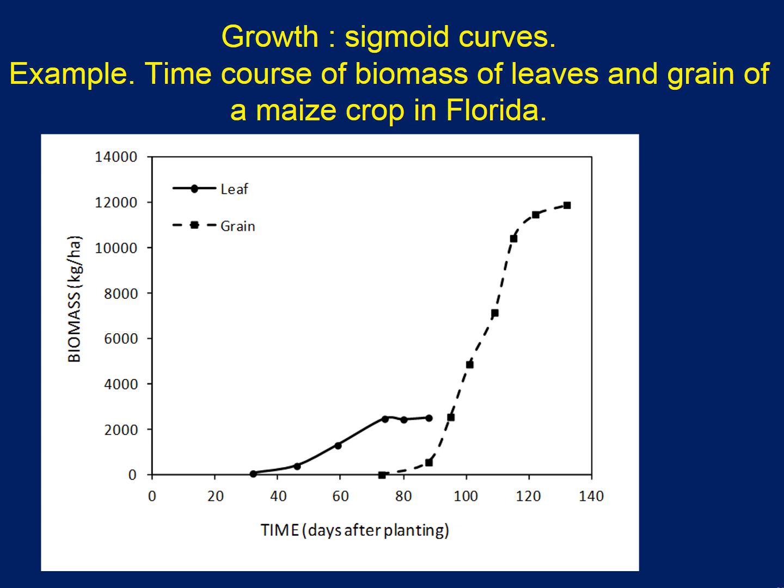We see that the leaf growth ends when the grain growth starts to become rapid. So we have clearly, in the case of maize, a determinate growth, which means that the reproductive growth is clearly separated from vegetative growth.